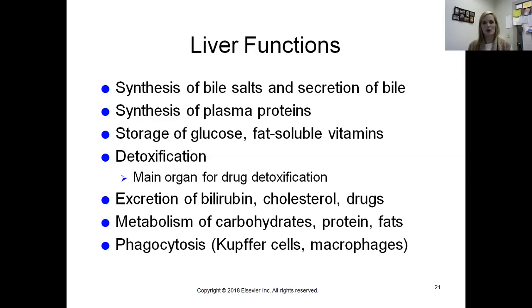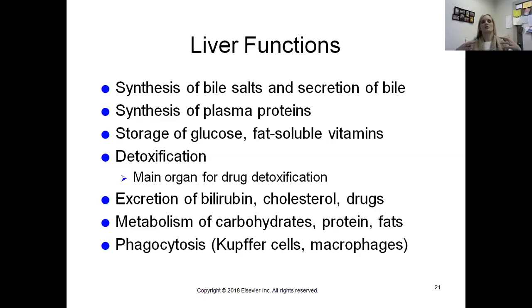So the liver stores glucose as well as fat-soluble vitamins, and it helps our body to detox. It is the main organ for drug detoxification. If we have drugs of any sort in our body, then our liver is what is helping to get that out of our system, whether it's antibiotics or alcohol, whatever it might be.